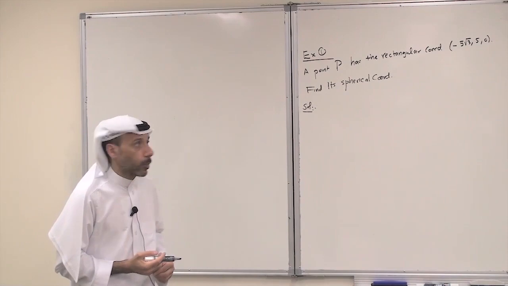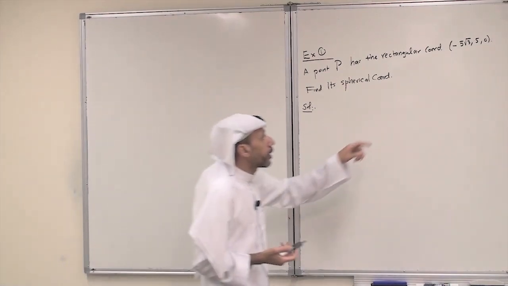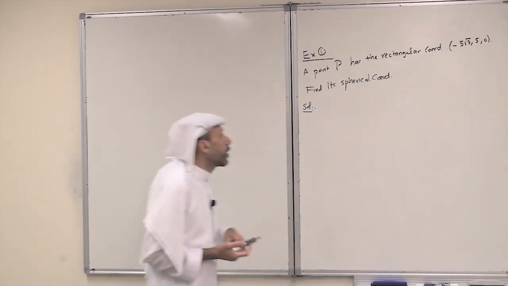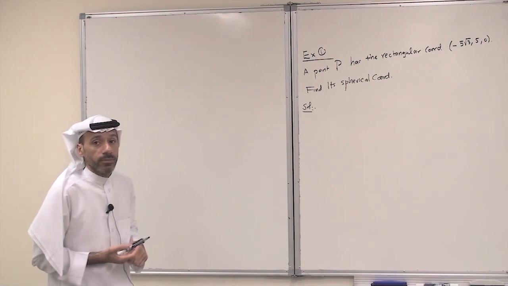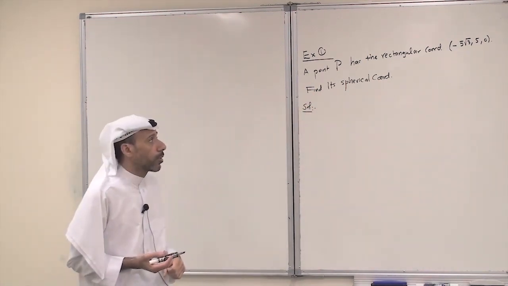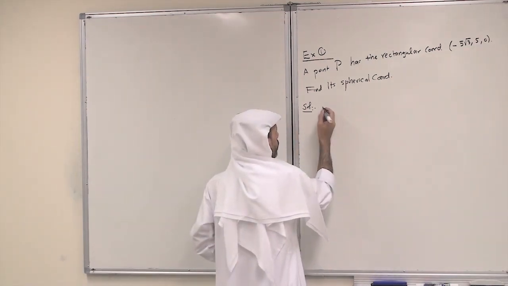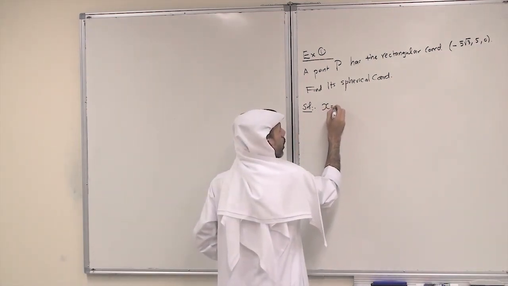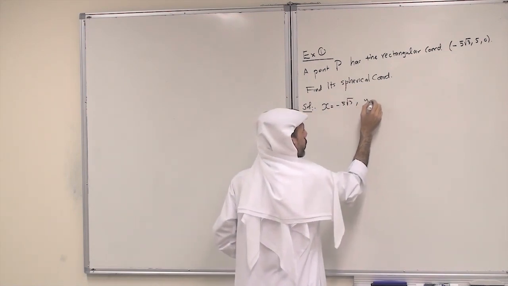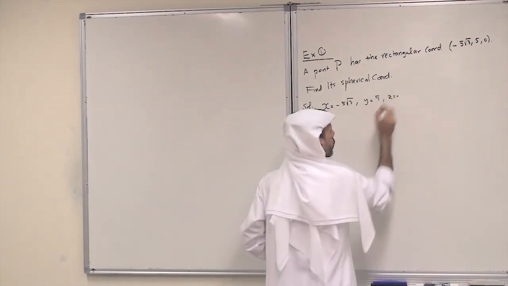We consider now the following problem. A point P has the rectangular coordinates -5√3, 5, and 0. Find its spherical coordinates. So we have the rectangular coordinates and we need to find the spherical coordinates. So here, from the given information, we have x equals -5√3 and y equals 5 and z equals 0.